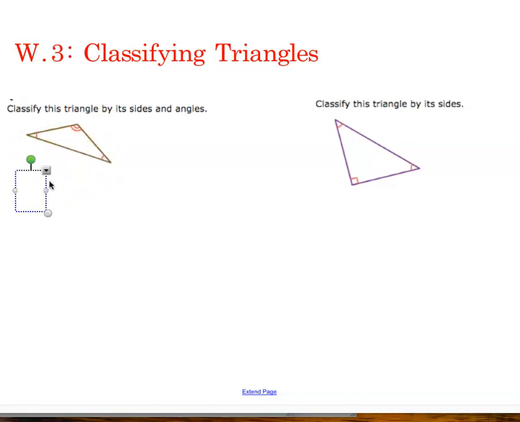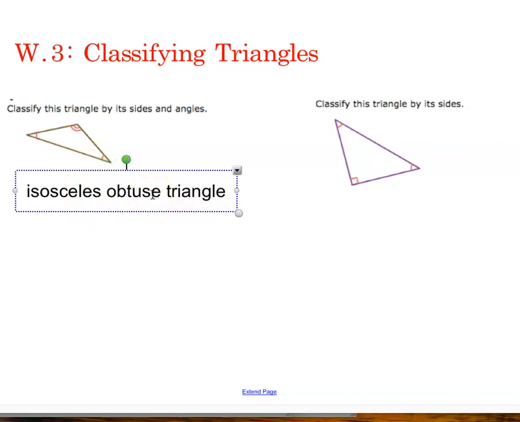So in this case, it is going to be isosceles. But we also now have to look at the angles to determine, and it has two acute angles and one obtuse. So in this case, by sides and angles, it's an isosceles obtuse triangle.